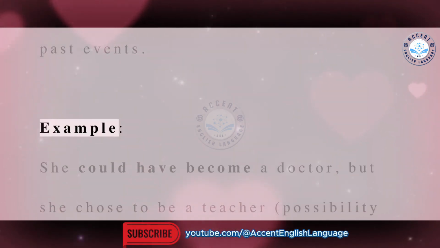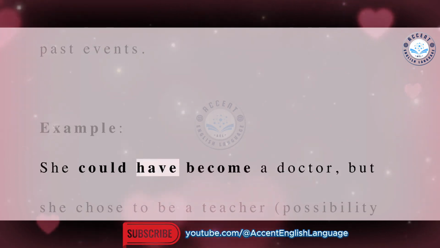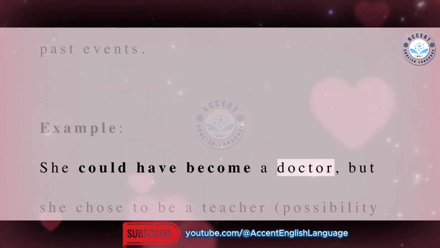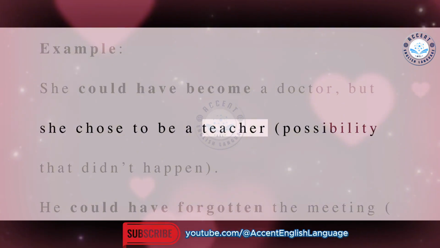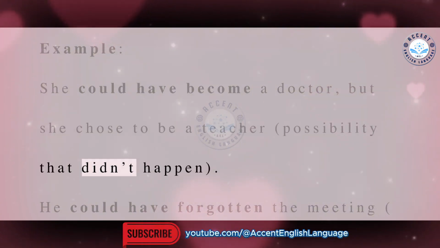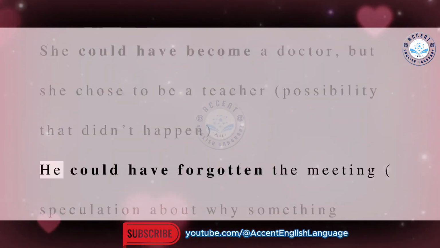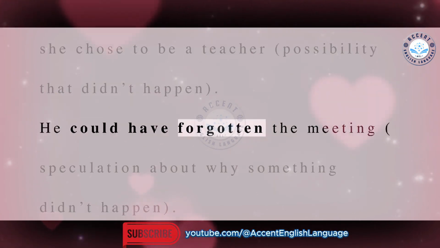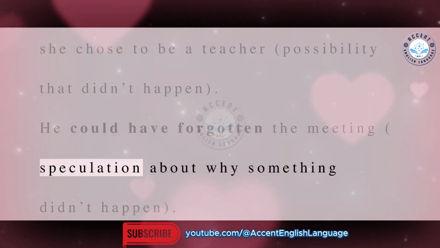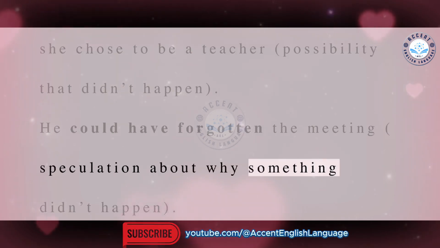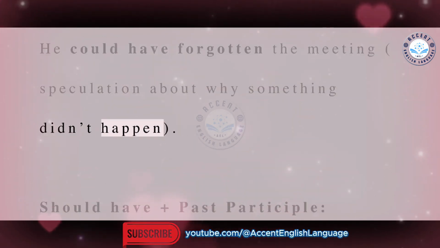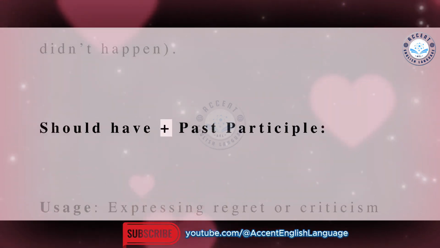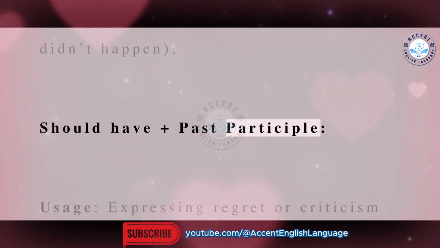Example. She could have become a doctor, but she chose to be a teacher, possibility that didn't happen. He could have forgotten the meeting, speculation about why something didn't happen. Should have plus past participle.